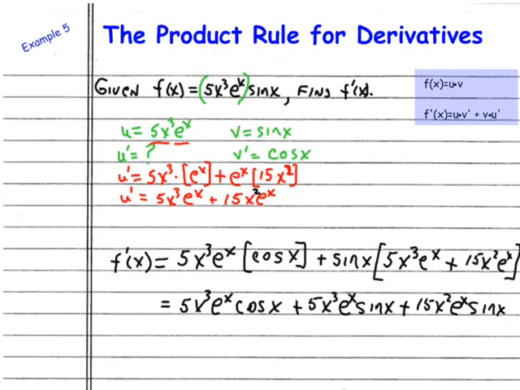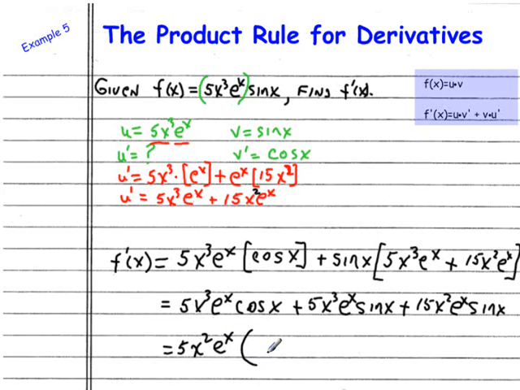Okay, now this is a long string. We could do some factoring. It's not necessary usually, but occasionally our book will have something factored and we'll want to double check our answer. So as we scan through each of these terms, we see 5 is a common factor, so we can factor out a 5. We see we have an x cubed, an x cubed, an x squared. We can factor out an x squared. We see each term has an e to the x factor, so we can factor out an e to the x.